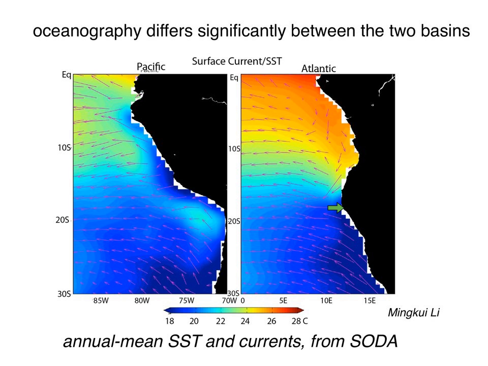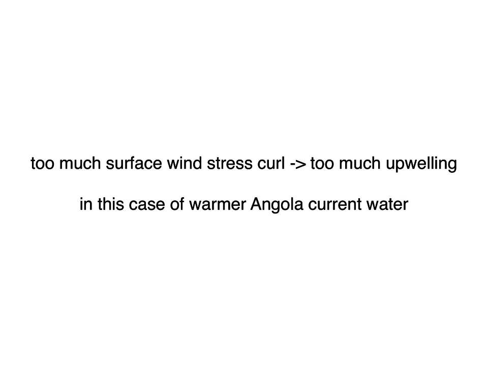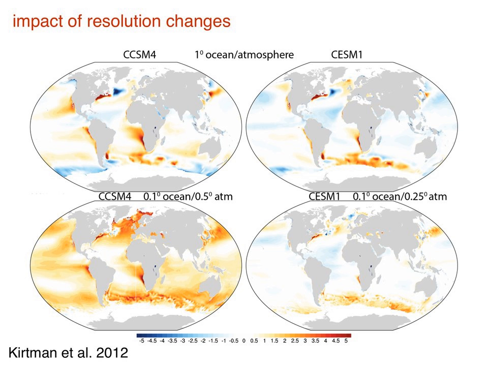Work that Ping Chang and Justin Small have done indicates that either the Angola current continues too far south, or that the upwelling is encouraged, but it's of these warmer Angolan waters that still contribute to these warm SST biases in this region. I hope I represented that work correctly. My background's not in oceanography.